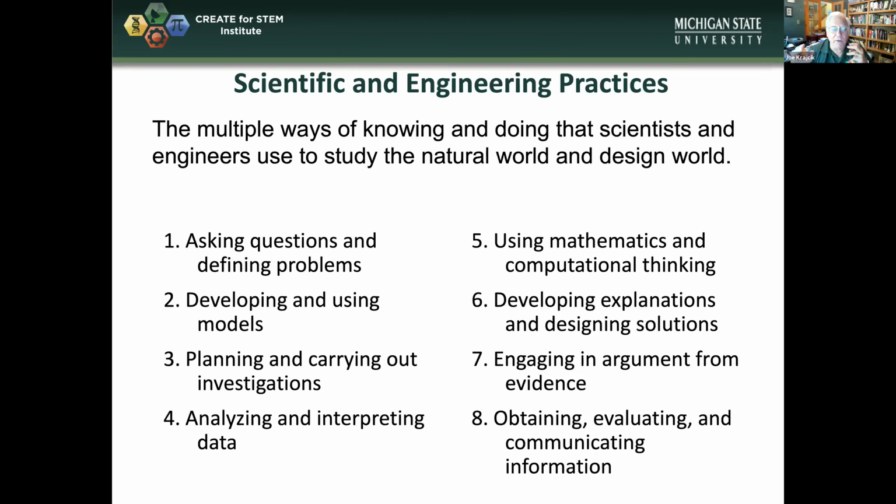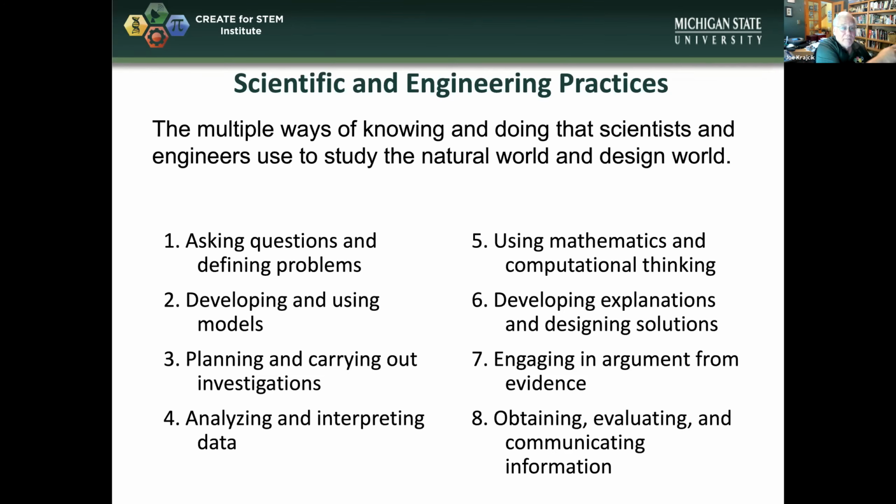But there are other things that are actually very new. Even though the framework came out 11 years ago, it's still fairly new. That's developing and using models. Such a critical aspect of what it means to do science, developing a model to give a causal explanation for what's going on. And yet it never was a key part of what science was. We always use someone else's model, right?